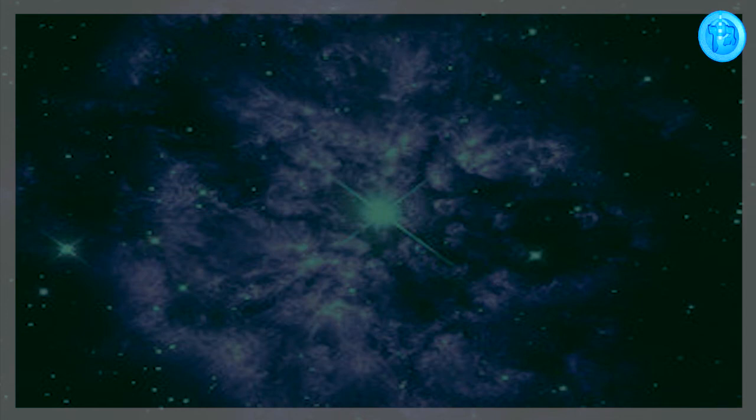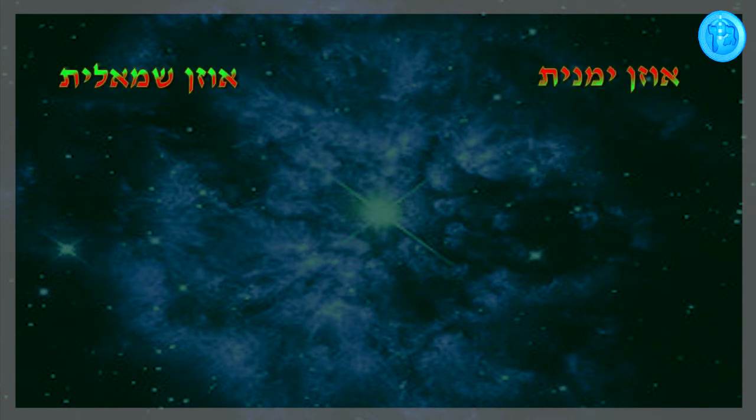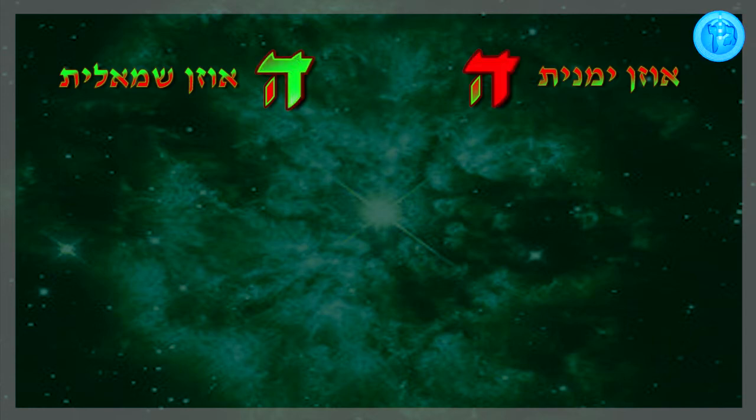In order to highlight where and how these 4 Aleph letters are hinted, we must remember that in the 2 parts of the light of the ears, i.e., in the light of the right ear, as well as in the light of the left ear, there is 1 letter Hey. As we learned, the shape of this letter Hey is comprised out of a letter Dalet and a letter Vav.